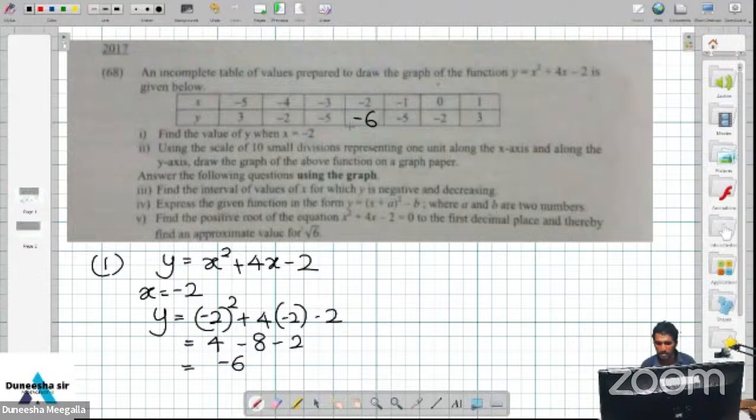Did you draw the graph? Under the graph. No sir, still drawing.